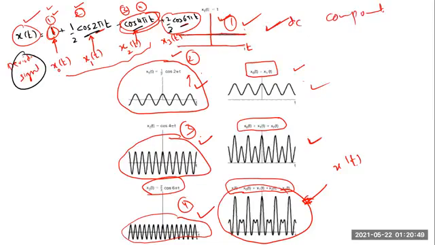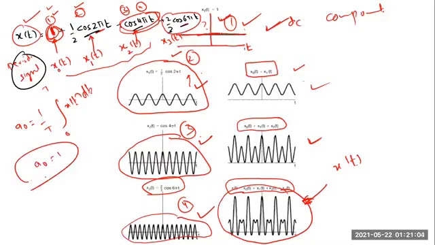Now, how much is this magnitude? Of course, this signal magnitude is 1. So it means when you evaluate this expression, you will get A naught equal to 1. So this 1 is telling you how much DC component is present in your signal. And similarly, for all of the components.